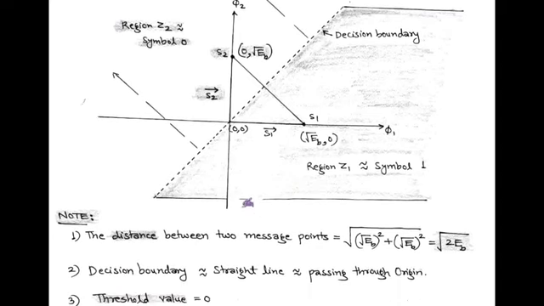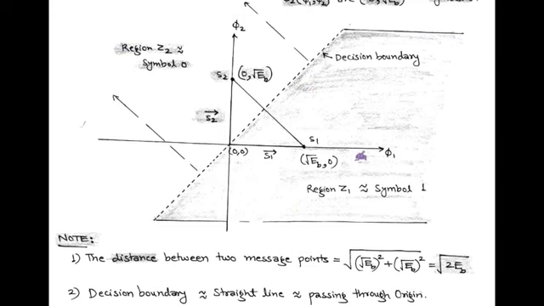Secondly, there is a decision boundary, a straight line passing through the origin and denoted by a dotted line. This decision boundary separates the entire plane into two decision regions: region Z1 corresponding to symbol 1 and shown by the shaded region, and region Z2 for symbol 0 represented by a dotted arrow.